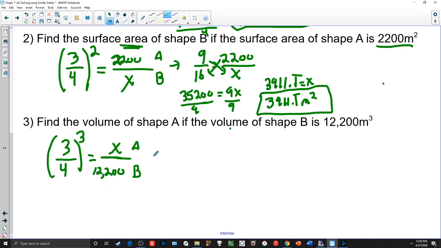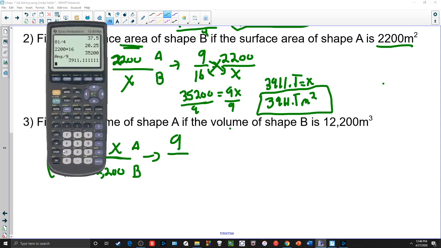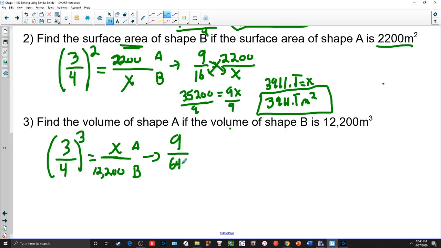So that would be 3 over 4 cubed, which is 27 over 64, because 4 cubed is 64, equal to x over 12,200. And then you go ahead and cross multiply.